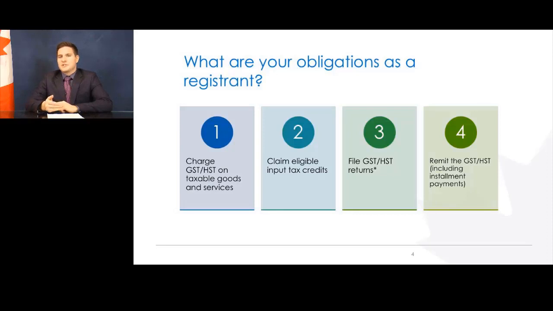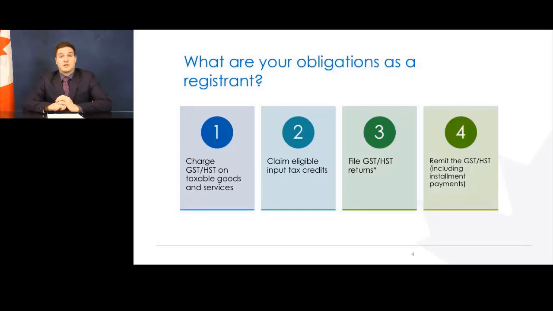For GST HST purposes, a public service is either a nonprofit organization, a charity, a municipality, a school authority, a hospital authority, a public college, or a university. Small suppliers do not need a GST HST account.